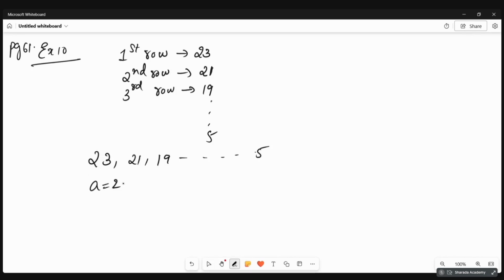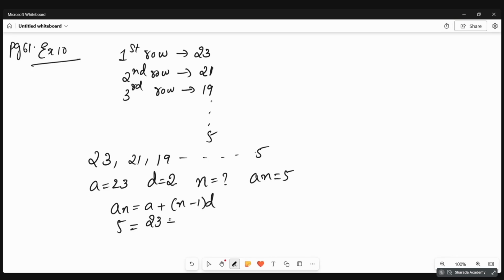A is equal to 23, D is equal to minus 2, n you have to find, an is equal to 5. Calculate now. an is equal to a plus n minus 1 into d. So an is 5, a is 23 plus n minus 1 into minus 2.